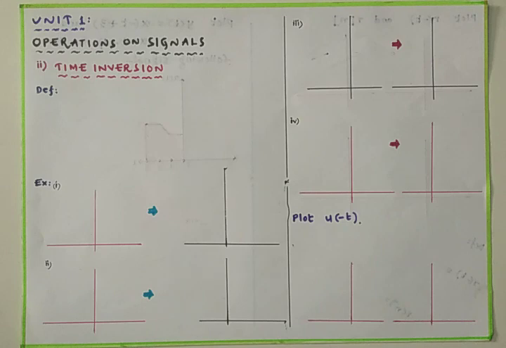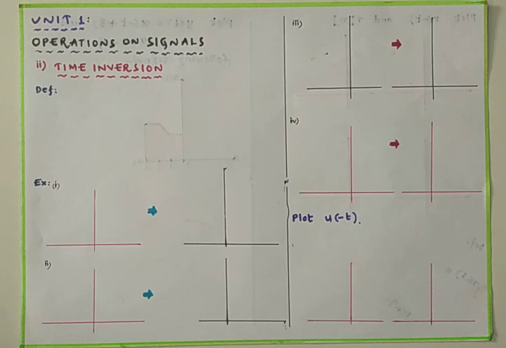In the previous class, we studied how the time shifting operation can be done on a particular signal, and what the result of the time shifting operation on a signal is. To conclude, by employing the time shifting operation on a signal, the resultant signal is either an advanced signal or a delayed signal.